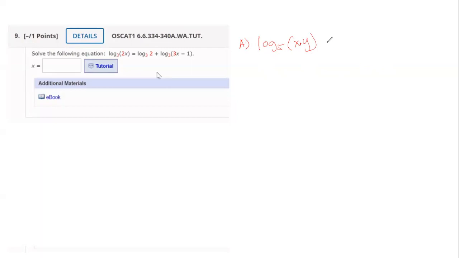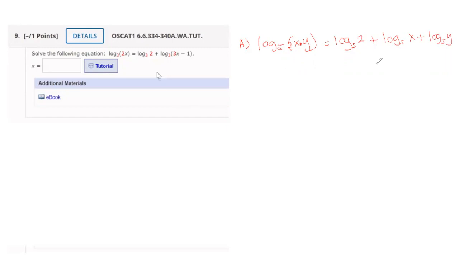So we can expand this as log 5 x plus log 5 y, because that's a multiplication. If I give you 3 things, like 2xy, then you just add: log 5 2 plus log 5 x plus log 5 y. So that's the expanded form.